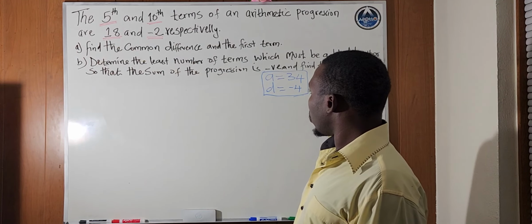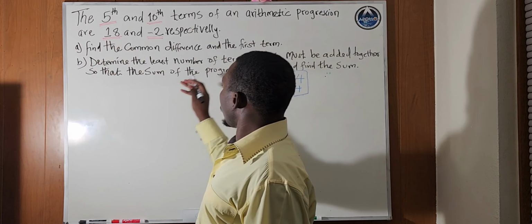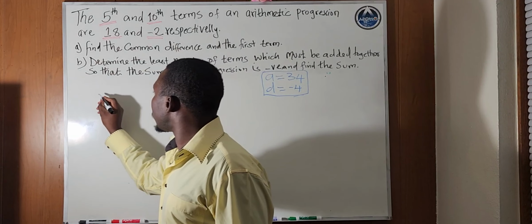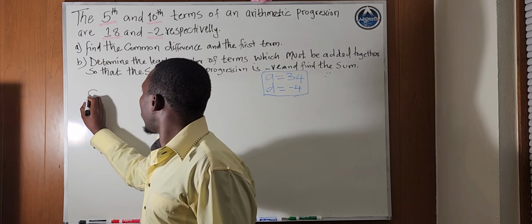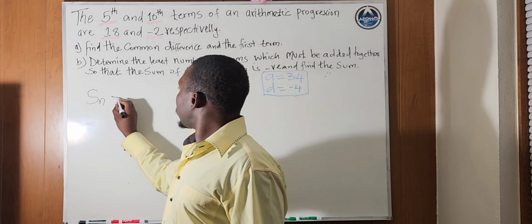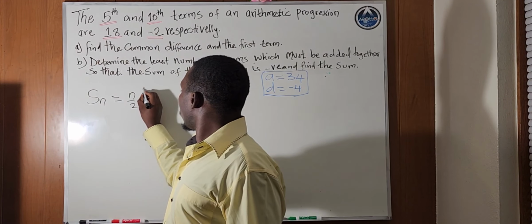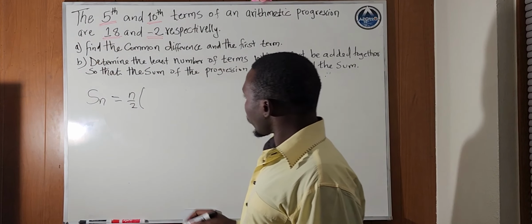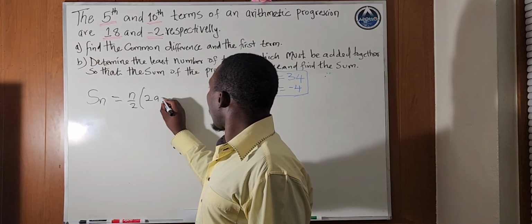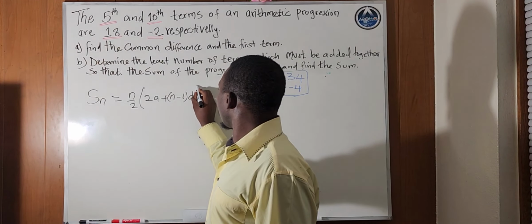We know the formula for finding the summation of the first n terms of an AP is given by Sn equals n over 2 into 2a plus n minus 1 times d.